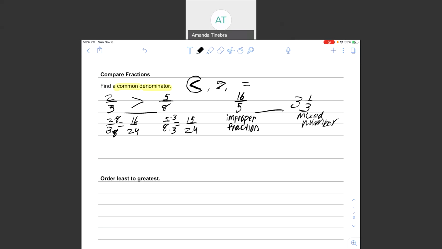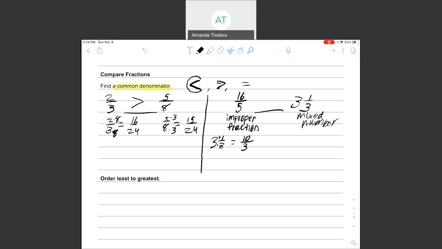So to turn 3 1/3 into an improper fraction, all we have to do is the whole number times the bottom plus the top. So 3 times 3 is 9, plus 1 is 10. That goes on the top, and then my denominator stays the same.